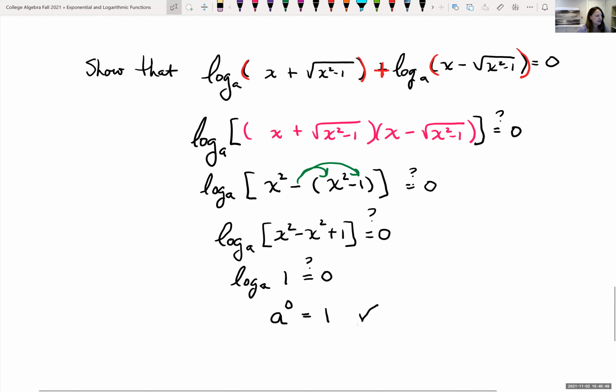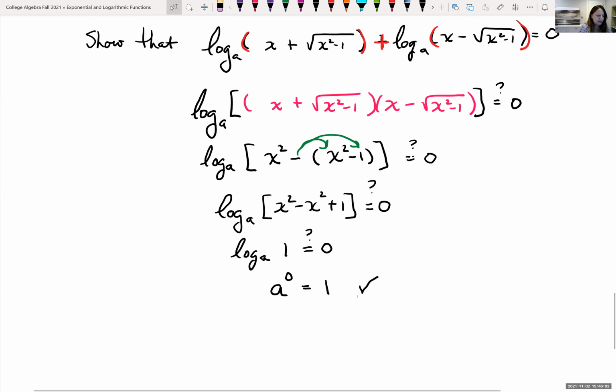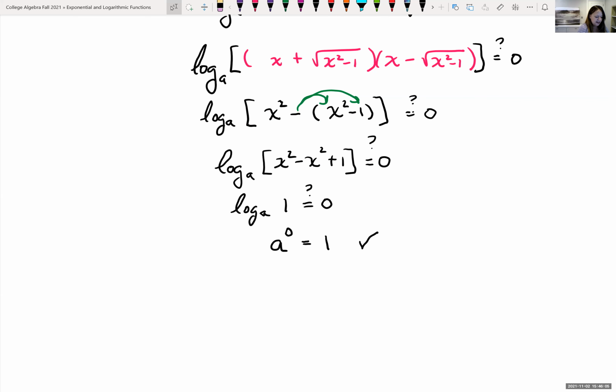Okay, so one other type of problem, which is change of base problem. So we're going to use the change of base formula and a calculator to evaluate each of the following logarithms. So let's say that we had log base 5 of 18.